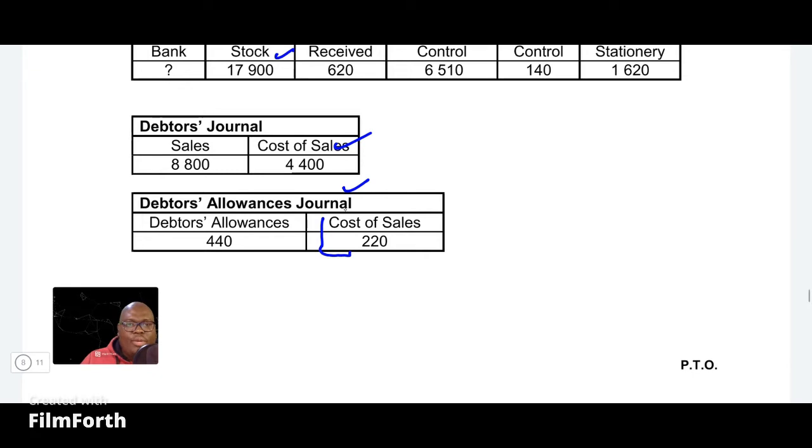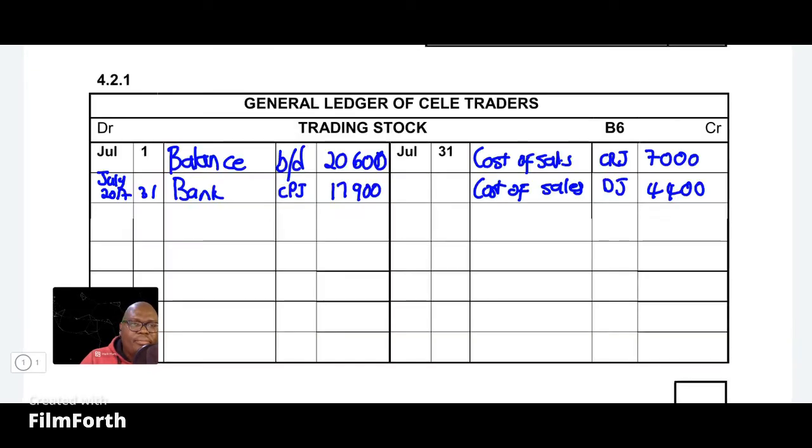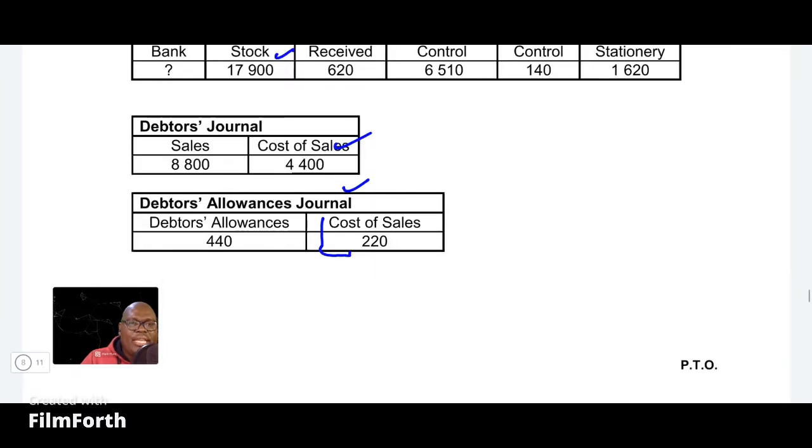So we would have, remember what happened here at first when we were selling. What happens here is that cost of sales has got to be reduced because customers are returning things, so meaning that we would have credit cost of sales, and then we will debit trading stock, right?